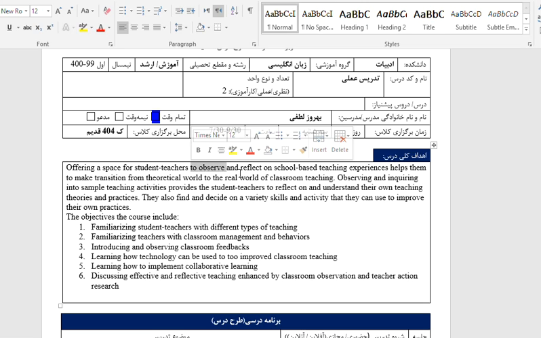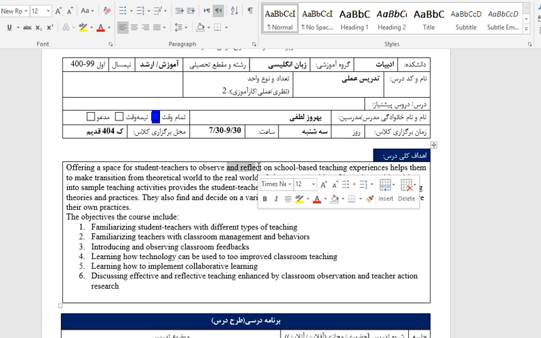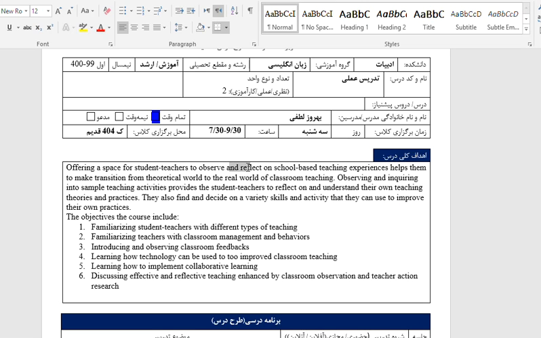successful teaching practices, then you reflect on your own teaching practices. Okay, so then you reflect on your own activities. So you can say that, okay, if I were that teacher, I would actually teach that way.